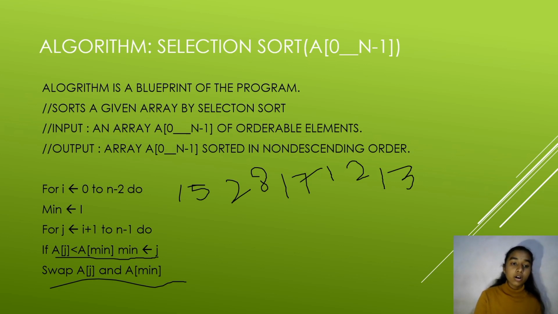If A of j means this one, 15, 15 is the A of j, and A of minimum in this array is 12. If A of j is greater than A of minimum, we have to swap.